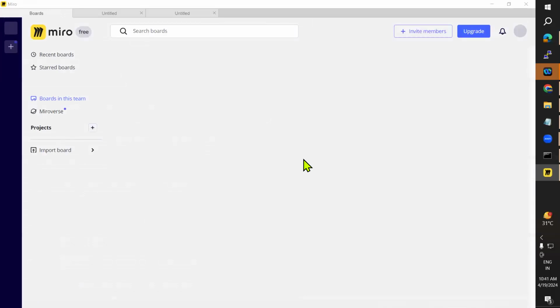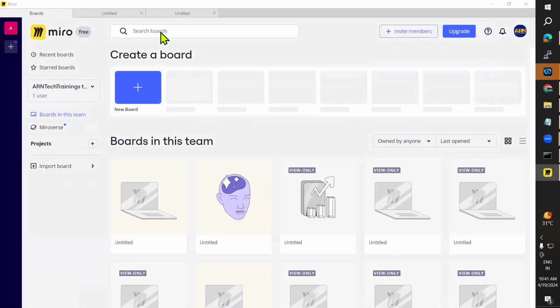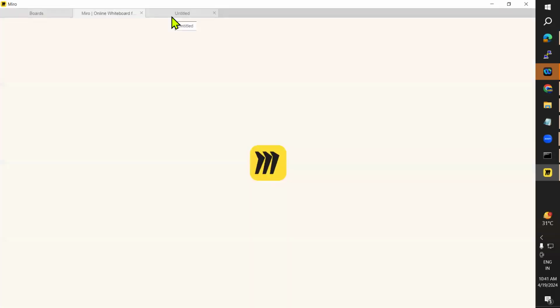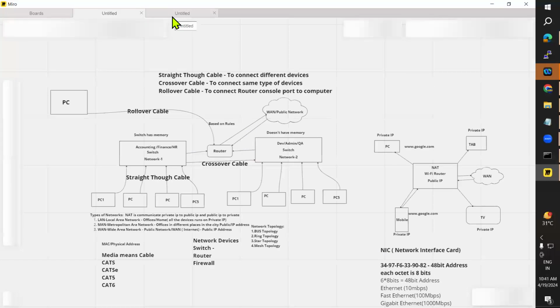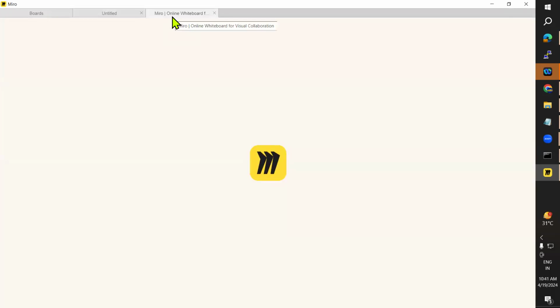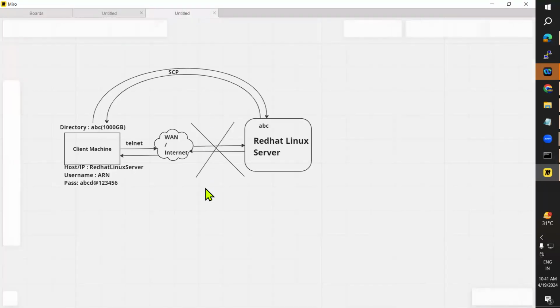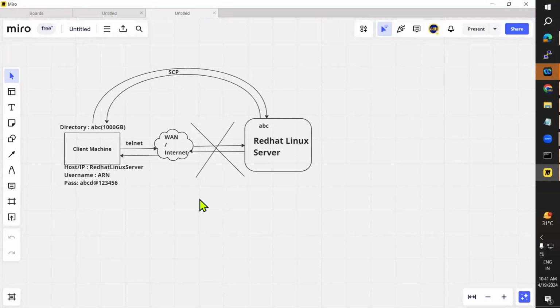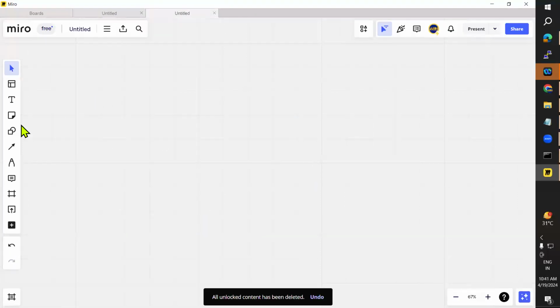So why do we need an IP address? To communicate with other systems in the network. If you don't have an IP address in the system, you cannot communicate with other machines in the network. Like without a phone number, can we communicate with anyone? Can we communicate with anyone without the SIM card in the phone? The SIM card is a physical thing, the number is a logical thing.